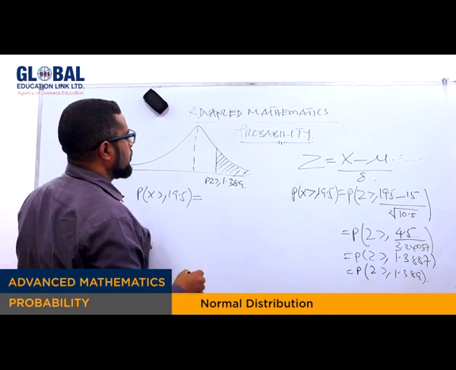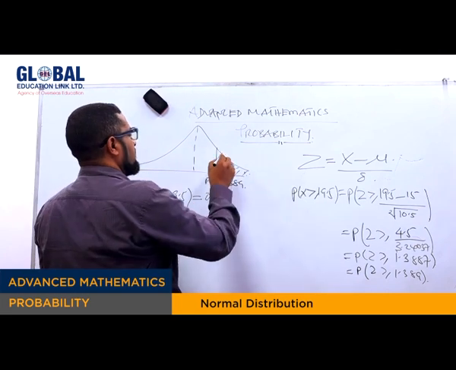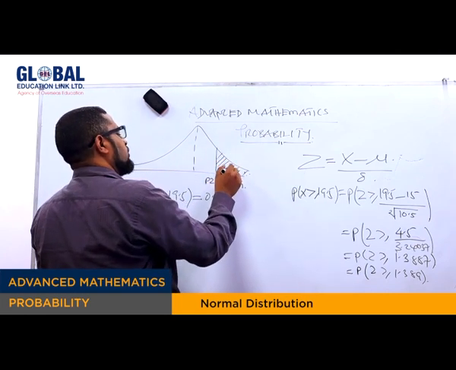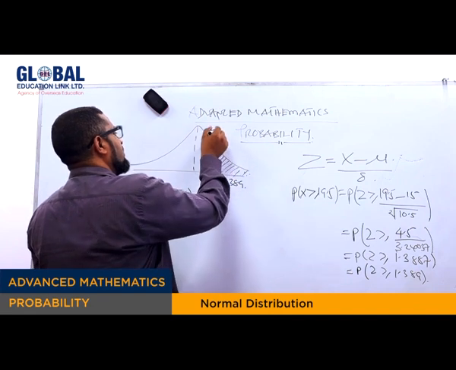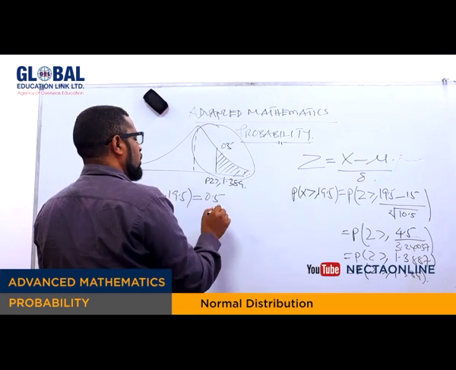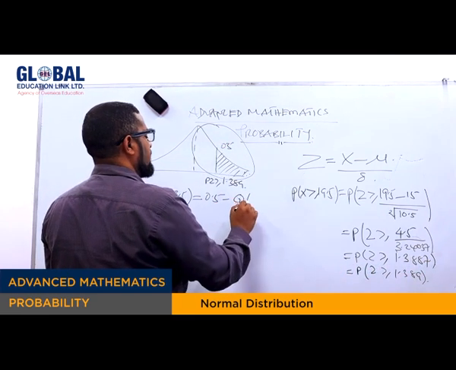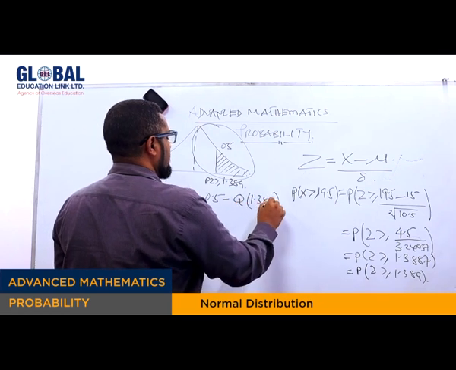This will be equal to 0.5. Remember, as I said, you are looking for this the same as taking this area, which is 0.5, minus the Q of that number, 1.389.